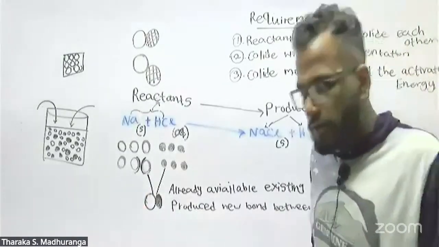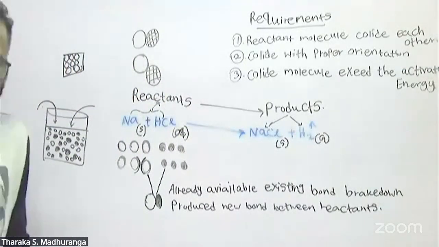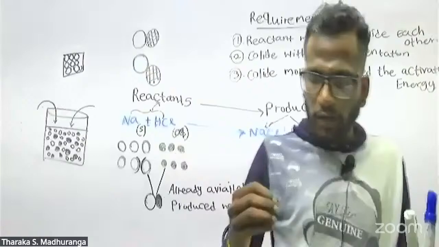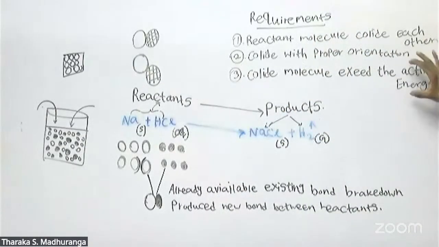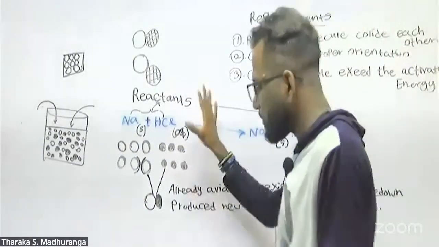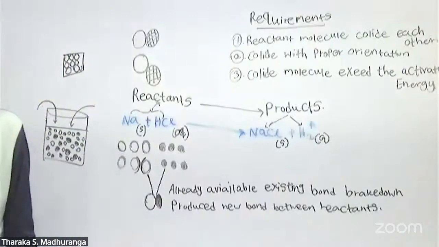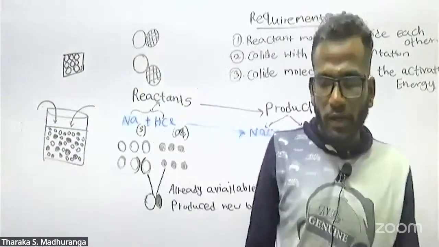Okay, write down the first point. After that, I will explain the meaning of this third one and this story, after we complete this part. Otherwise, you will be confused.